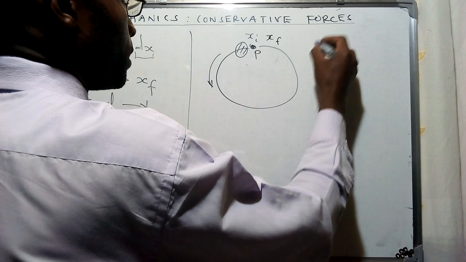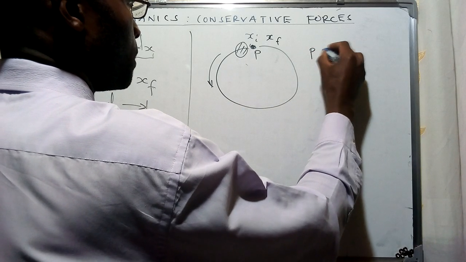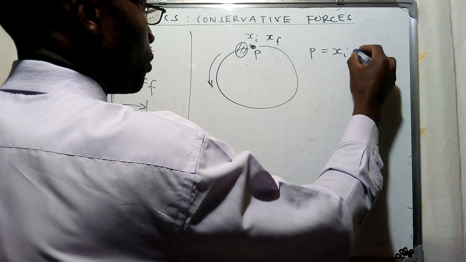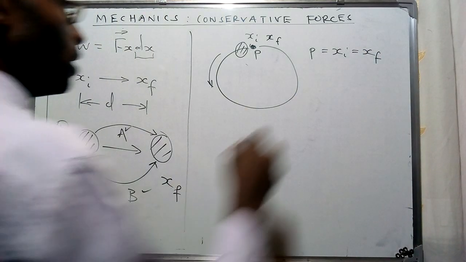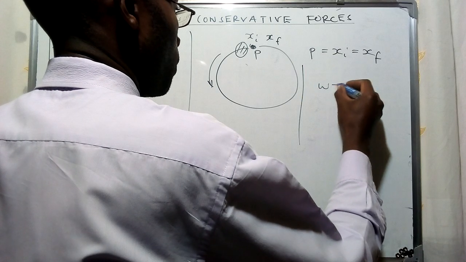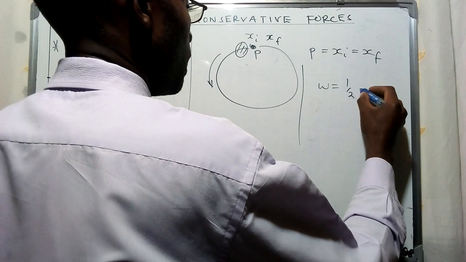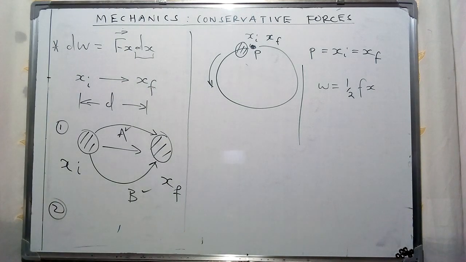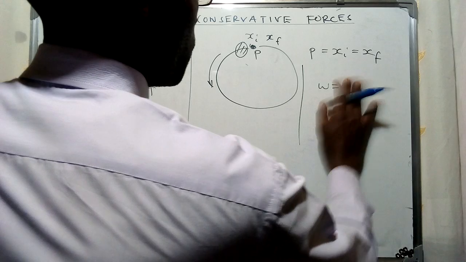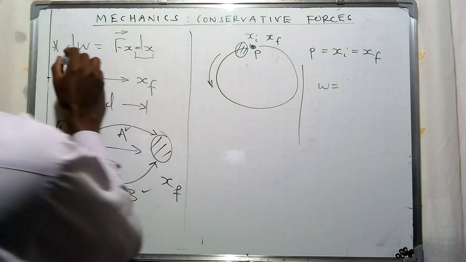So from the relationship, we can see that point P can be defined as x initial, which is the same as x final. If we consider the element of work, sorry, not half, basically this was a product of force times the distance from our first definition.